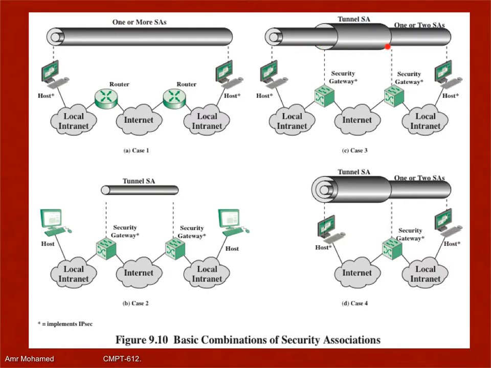You can use the transport mode bundled with the tunnel mode. So we can apply the tunnel mode between the routers and the transport mode host to host. So all the combinations are possible from the IPsec point of view, and each one might have some advantage over the other depending on the application that we're talking about.